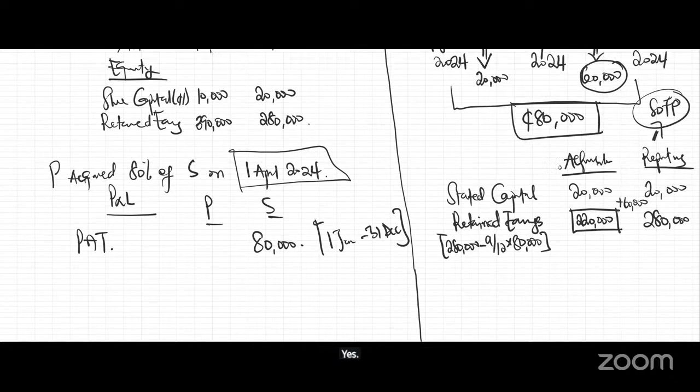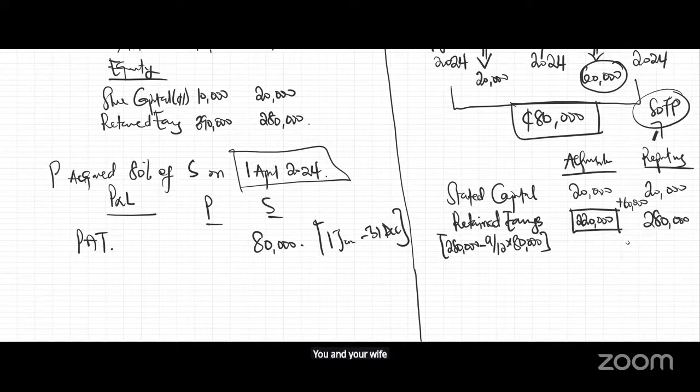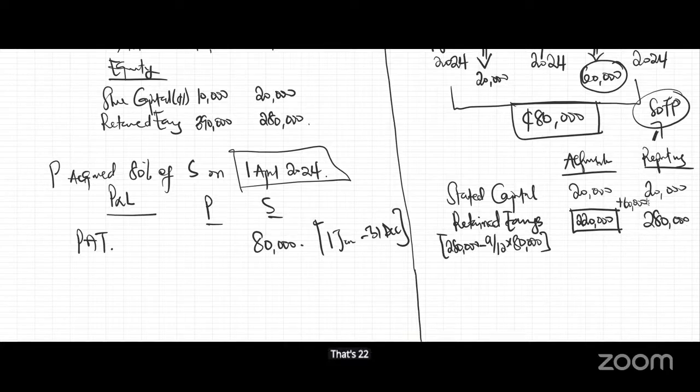The reason why you are doing this, you are coming to share between 2 people. Remember, you and your wife. That is parent and NCI. So what did she have before the acquisition? That's what you are looking for. Yes, she has the profit. The profit is for the subsidiary. But you came in and maybe you added some technical know-how or something to grow the company from that 220 to the 280. So you have a share.